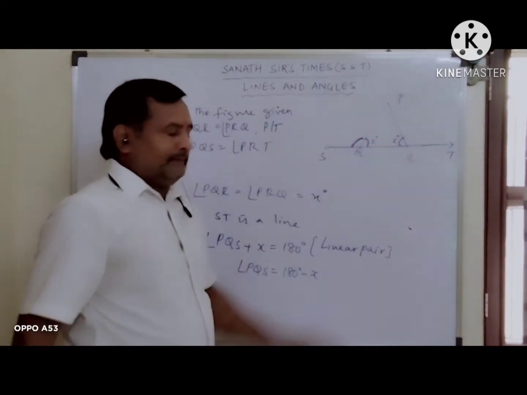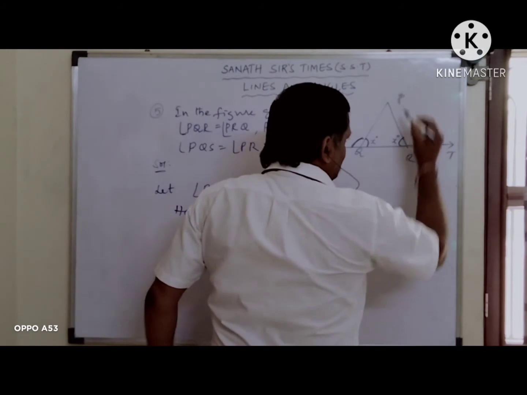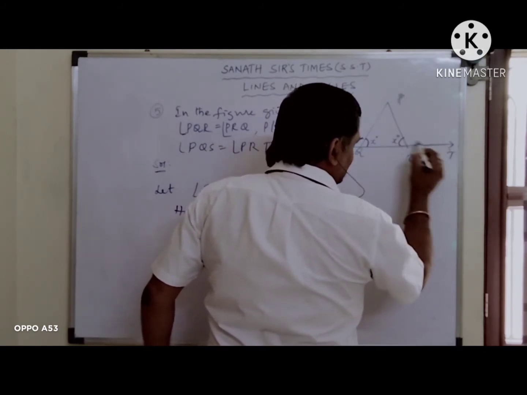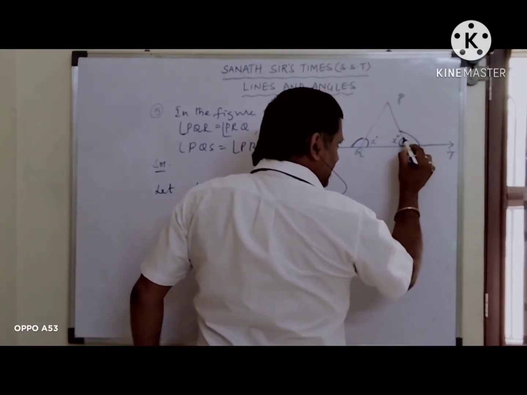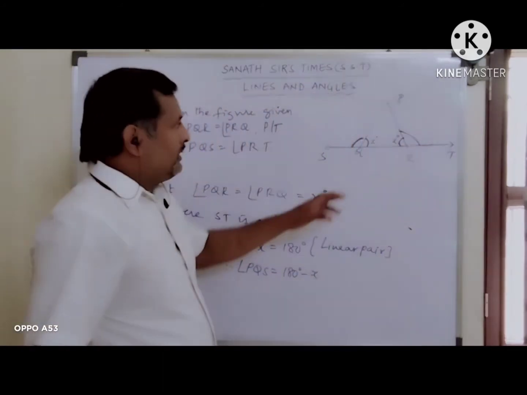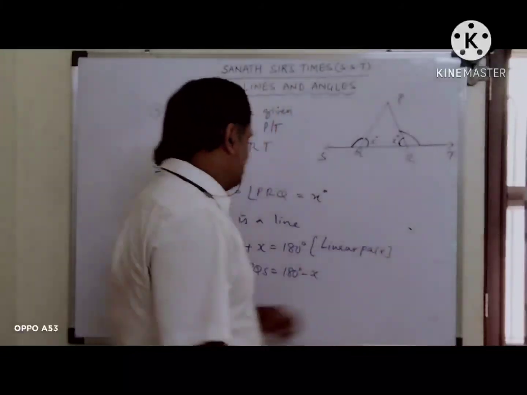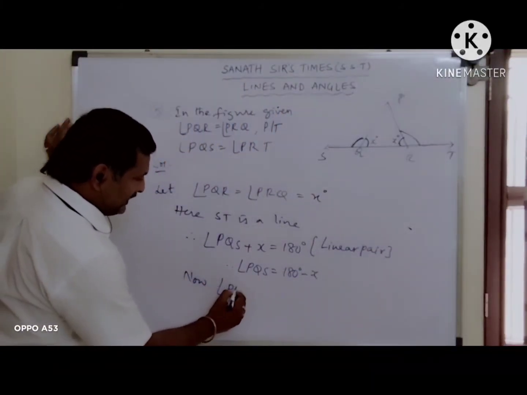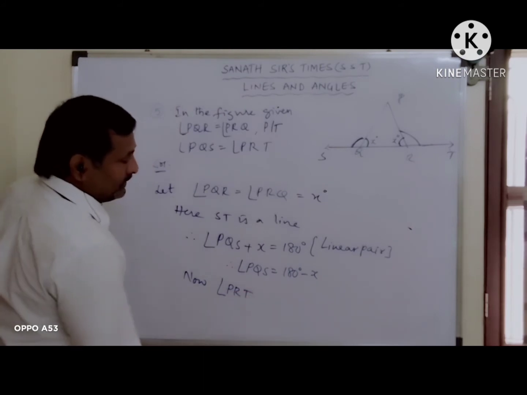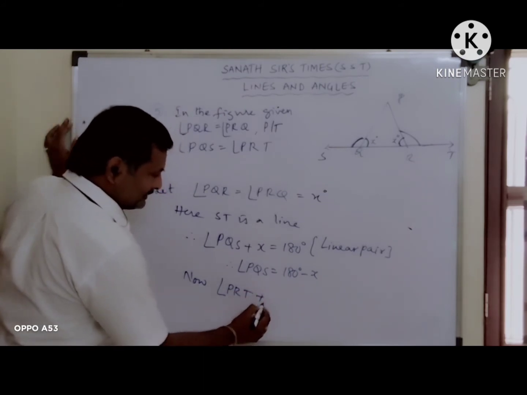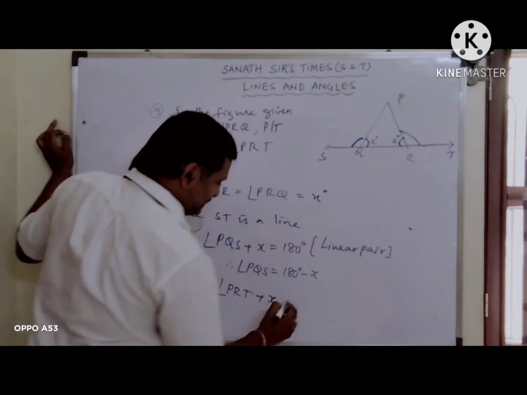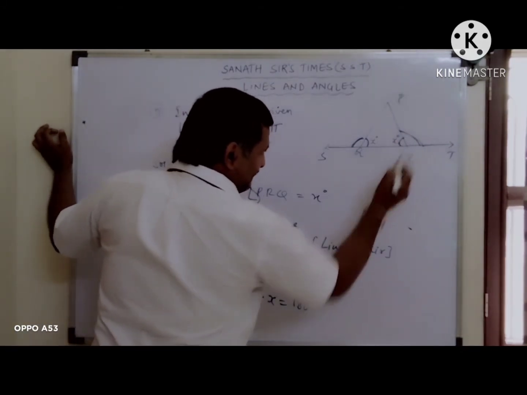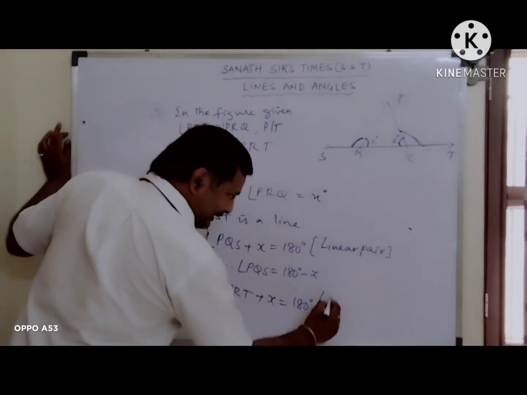And coming to this one, again PRT, that is this angle and this angle x are again forming a linear pair. So now angle PRT plus x must be equal to 180 degrees because these angles are forming a linear pair.